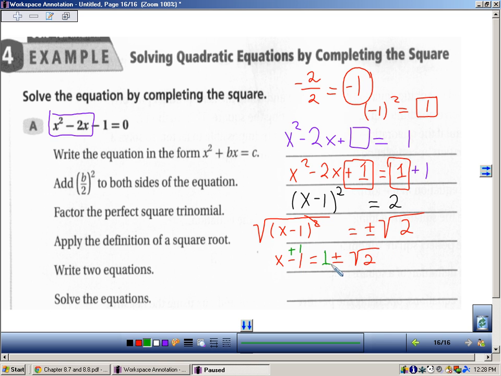So my solution is going to be x equals 1 plus square root of 2, or it's going to equal, excuse me, 1 minus the square root of 2.